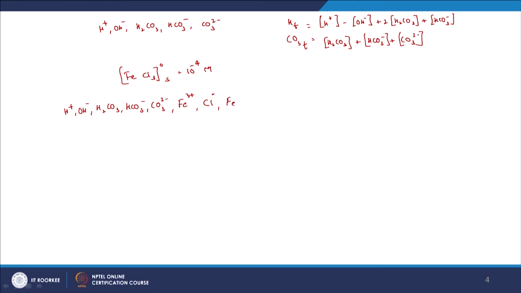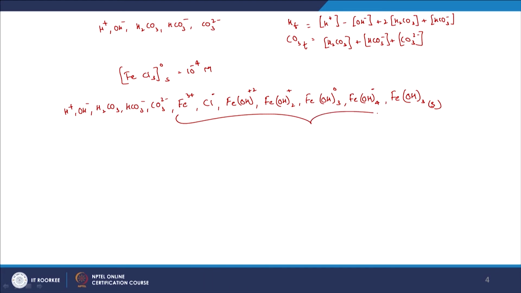All the other complexes: FeOH with 2 plus charge, Fe(OH)2 with 1 plus charge, Fe(OH)3 neutral, Fe(OH)4 with negative 1 charge, and also the solid, right. So these are the additional species that I am going to have in my solution, because I am adding FeCl3 to my particular solution, which initially had only the carbonate species and H plus and OH minus, right.